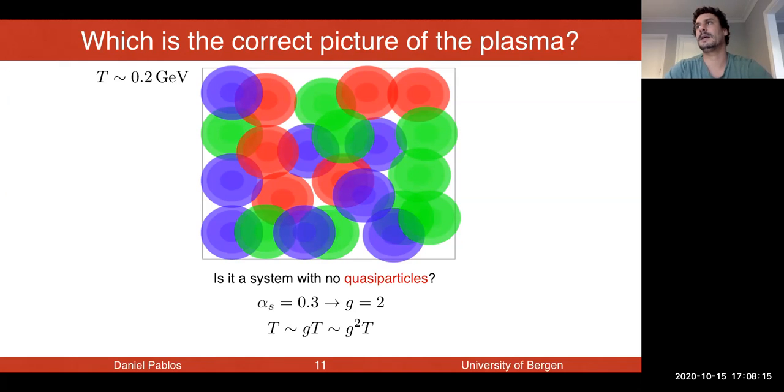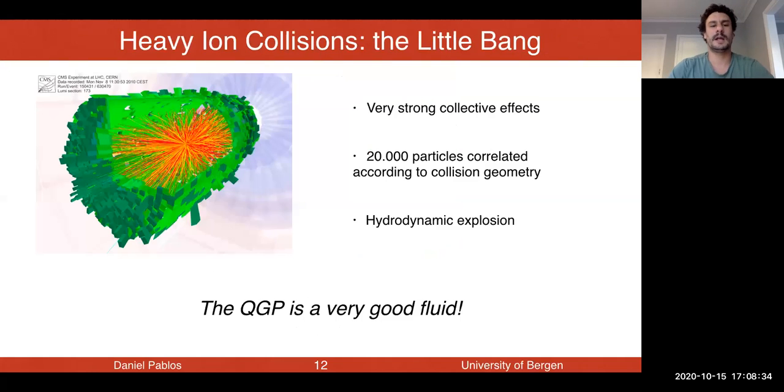Quasi-particles need the lifetime of the quasi-particle to be much greater than the mean free path, for instance, otherwise you don't have a well-defined entity. So we want to know the degrees of freedom and their behavior at these temperatures that we access in our accelerators.